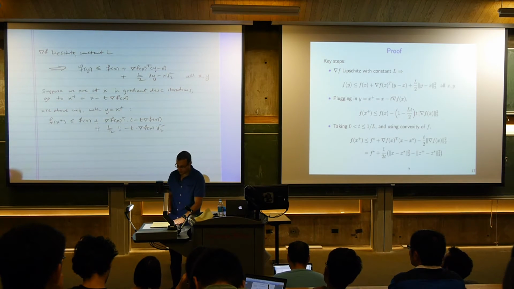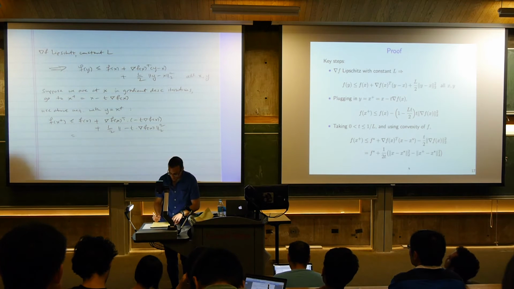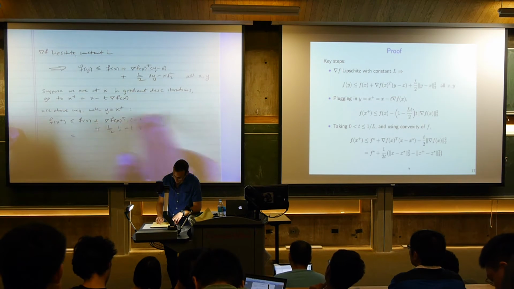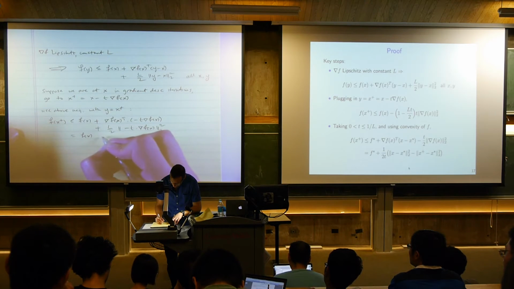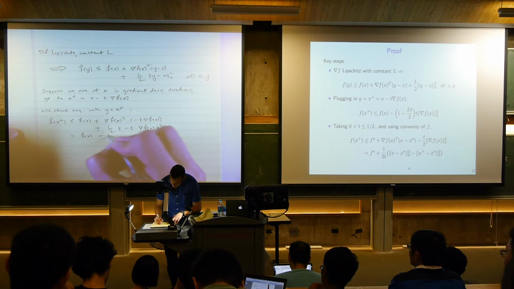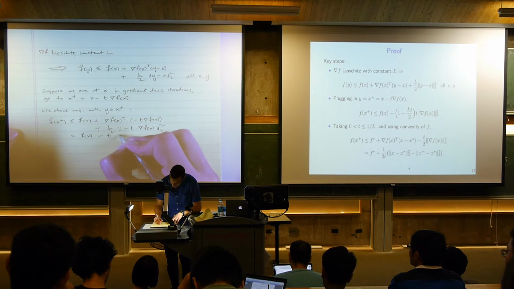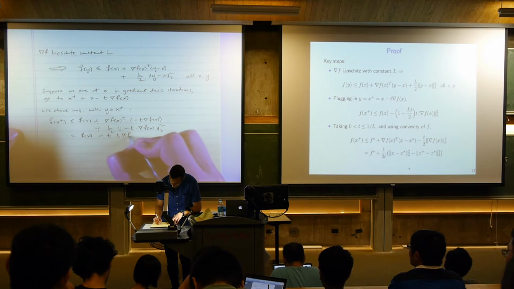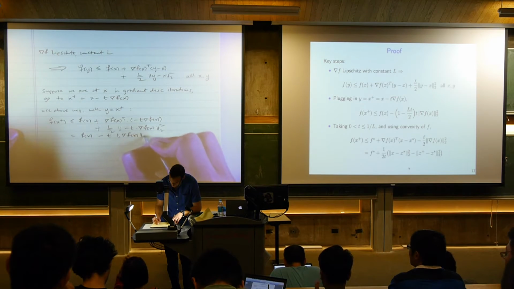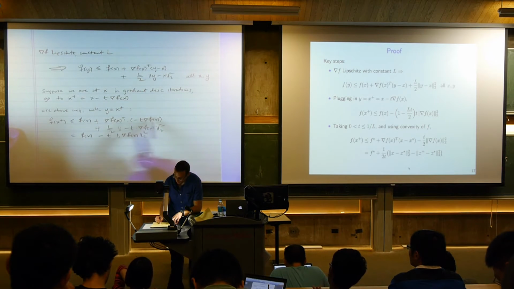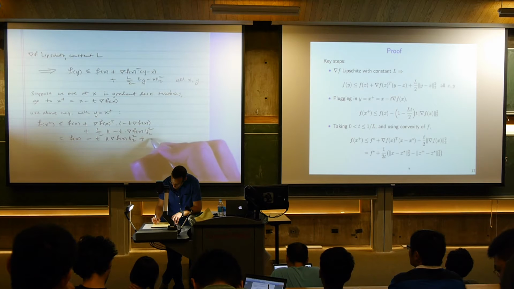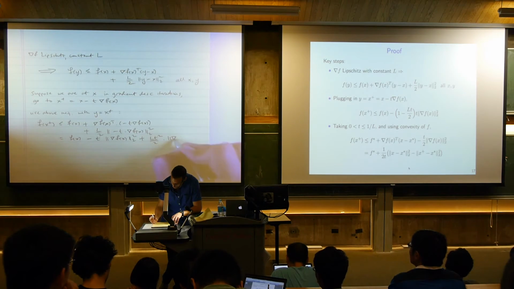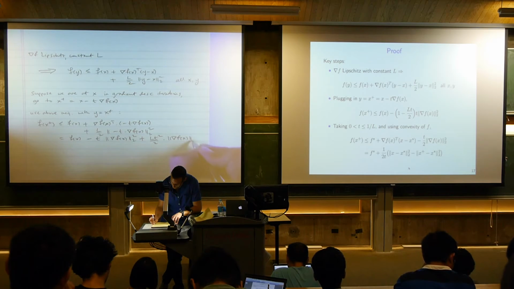All I've done is plug in the definition of x plus, the next step, and simplify. So this is f of x minus t times the norm of the gradient squared from this term, and from this term, plus L t squared over 2 times the norm of the gradient squared.